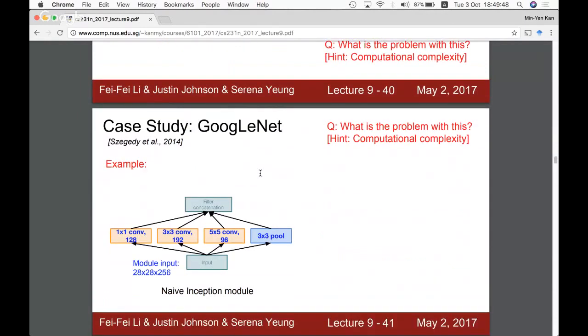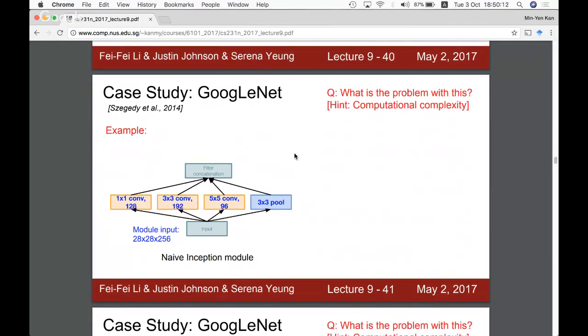So I'll just show you an example. Say the input is 28 cross 28 cross 256, and the layers used are a 1 cross 1 convolution with 128 filters, a 3 cross 3 convolution with 192 filters, a 5 cross 5 convolution with 96 filters, and a 3 cross 3 max pooling.